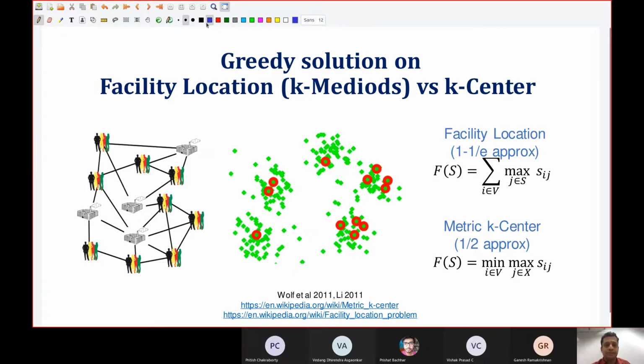Metric K-center, unlike facility location, which says, okay, f of S is the summation over all the elements in the ground set of the closest element or most similar element in my subset. Metric center says, I want to find the most similar element, but I want to look at the minimum of all such most similar elements.